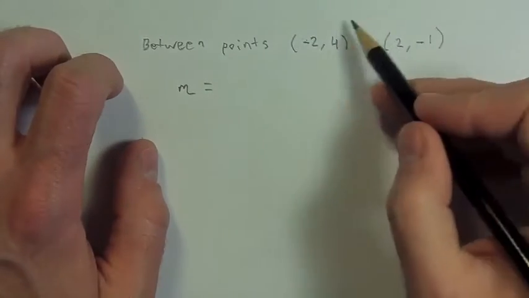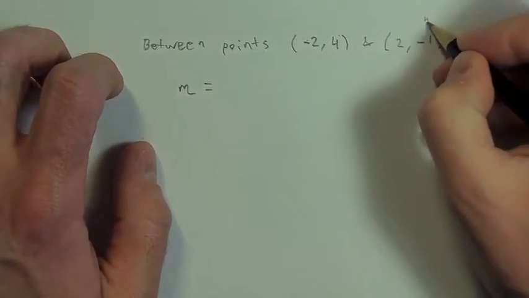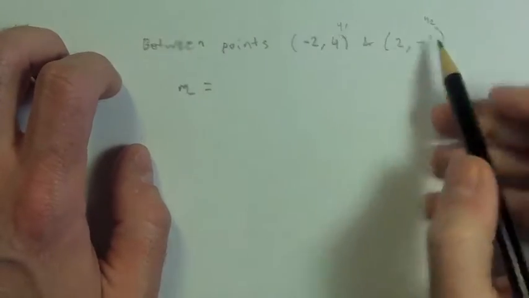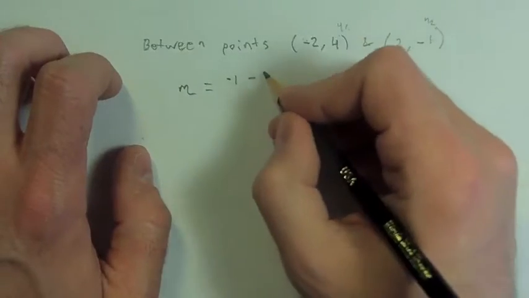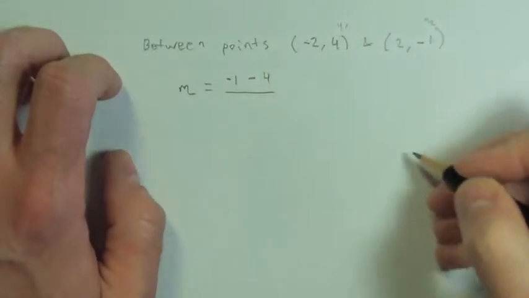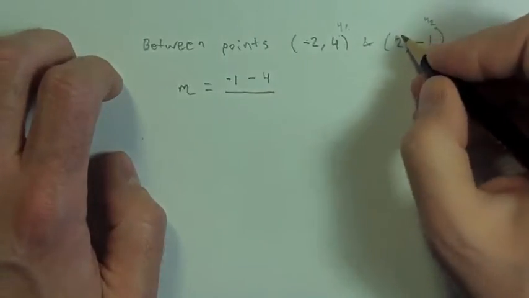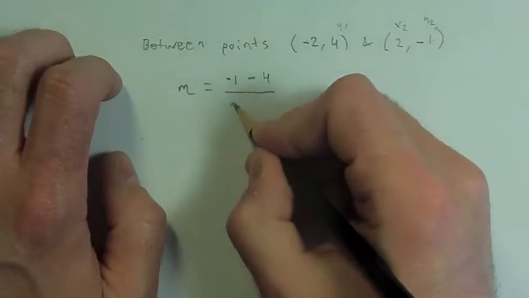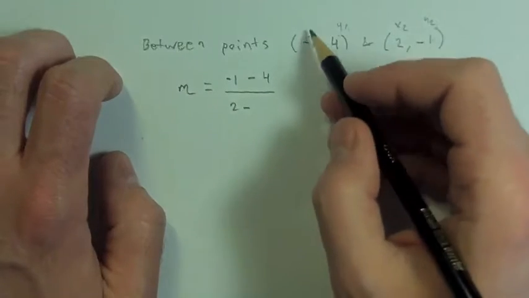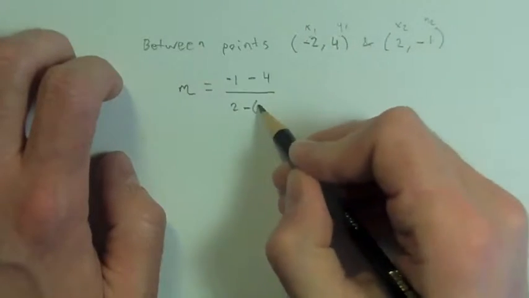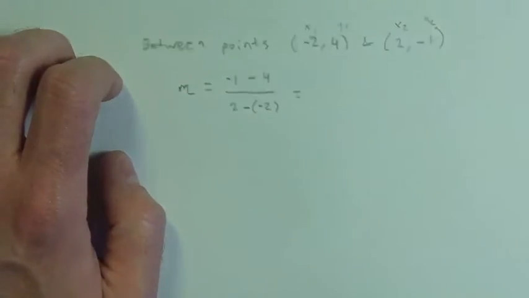Okay, so the slope, remember, will be the change in y's. So I'll let this be y2 and this y1. So it'll be -1 minus this value here, which is a 4. And then for this next piece, I'm going to let this be my x2. So I'll have 2 minus now this x1, which is a -2. So just be careful with those signs when you do this.